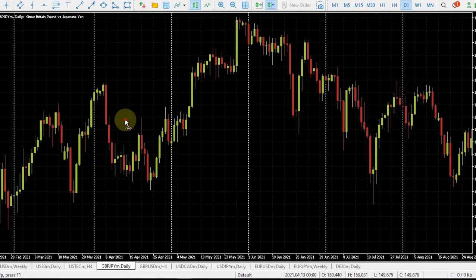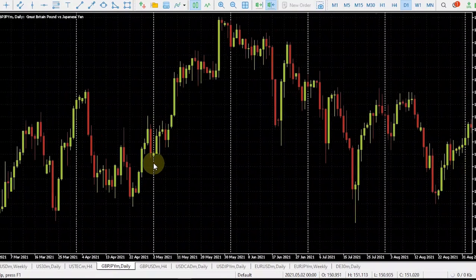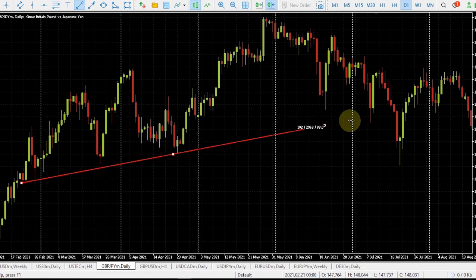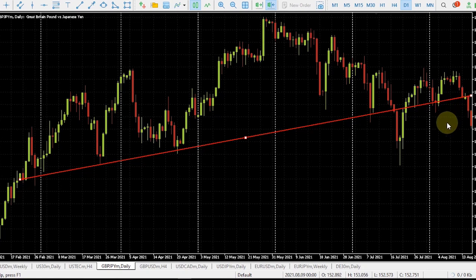So at least this is an uptrend for now. This is what I'm seeing. From this point, this is what my eyes are able to see. No matter if they break out, at least this is what I can see for now, so I have to maintain this for now.